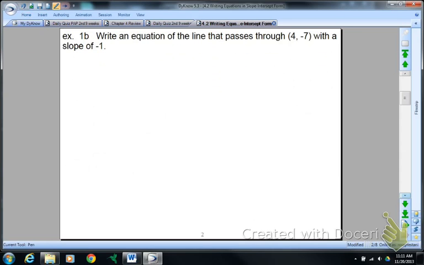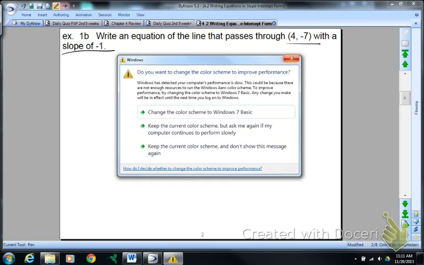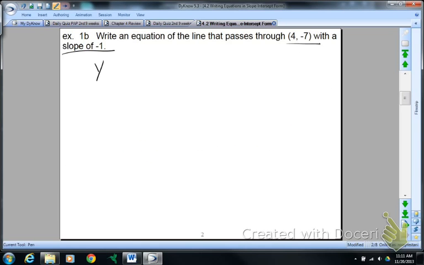Okay, example 1b. Write the equation of the line that passes through (4, negative 7) with a slope of negative 1. Okay, so again, we're going to write our equation of the line, y equals mx plus b. This is your x, this is your y.